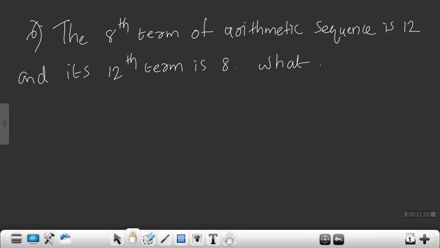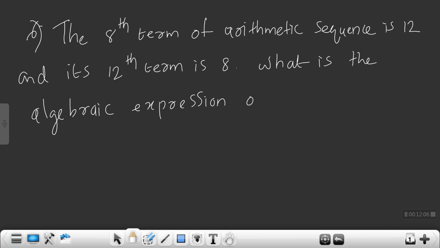What is the algebraic expression of this sequence?